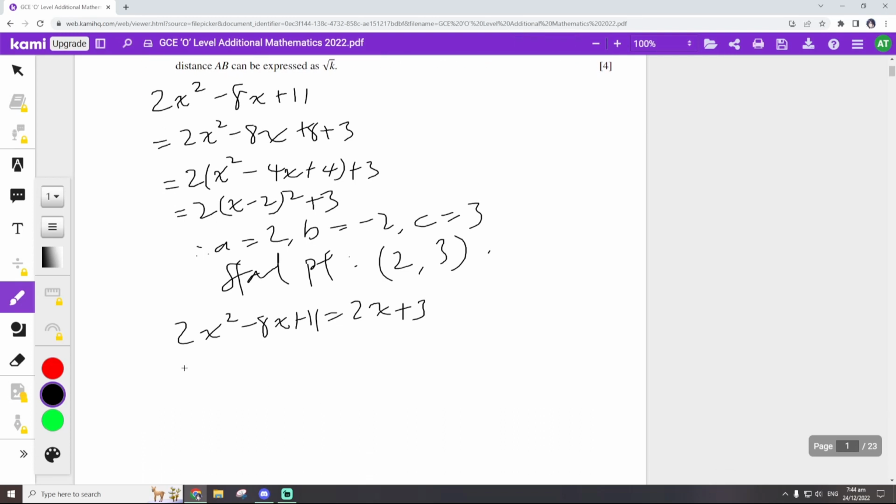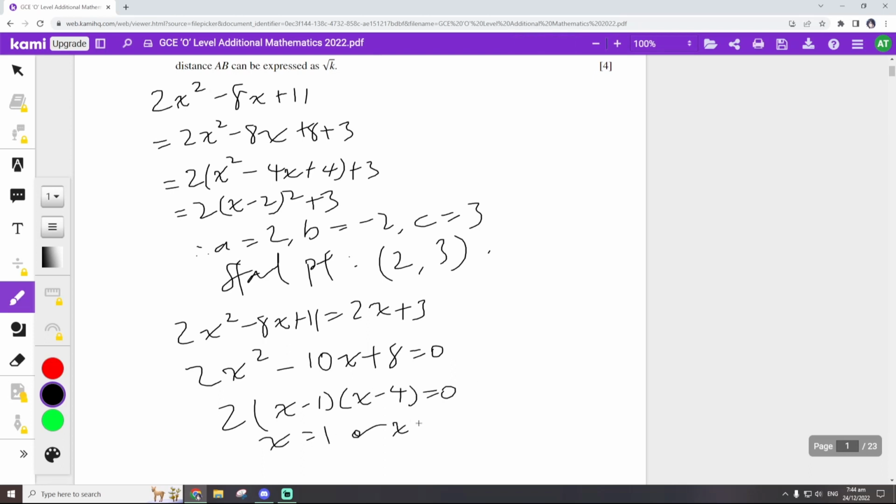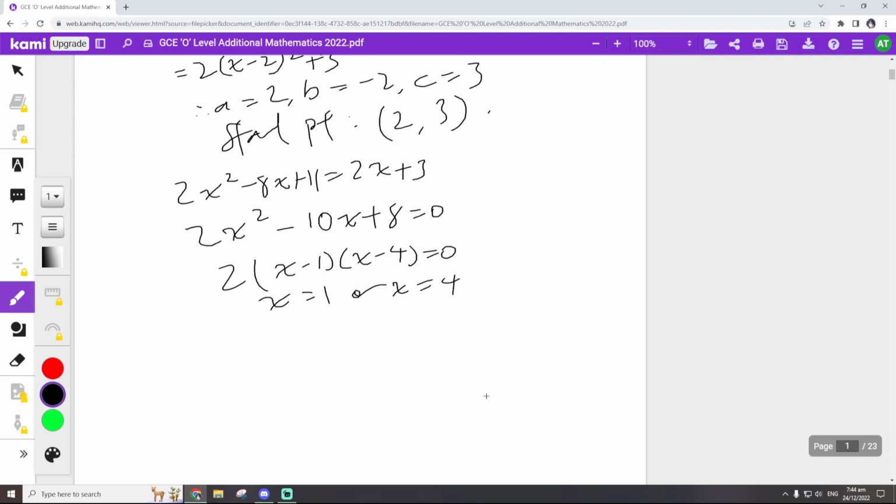So 2x squared minus 10x plus 8 equals 0. Divide by 2, so this is x squared minus 5x plus 4, so that is (x minus 1)(x minus 4). x equals 1 or x equals 4. Then we have the difference in roots is 3. Then k is equal to 3 squared, so you take the short distance.